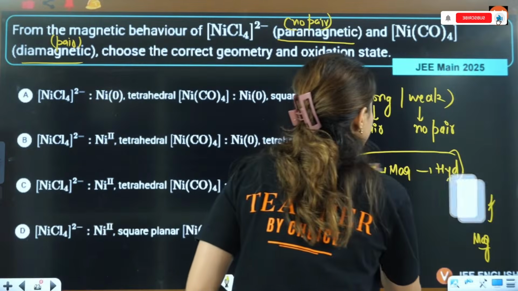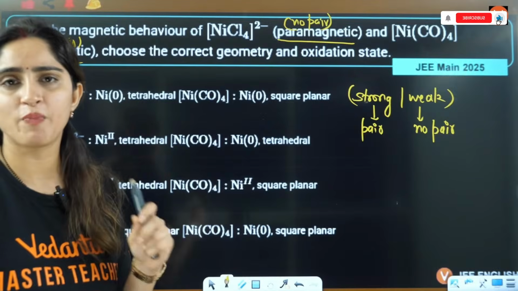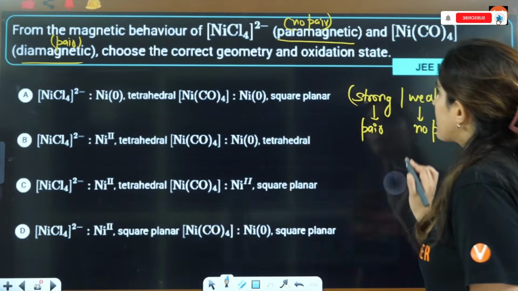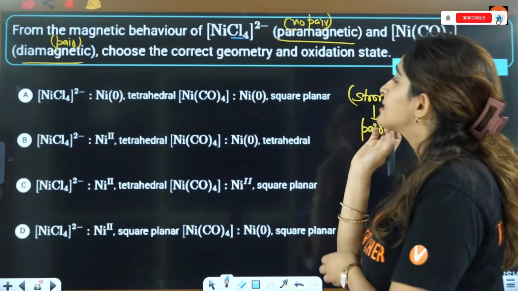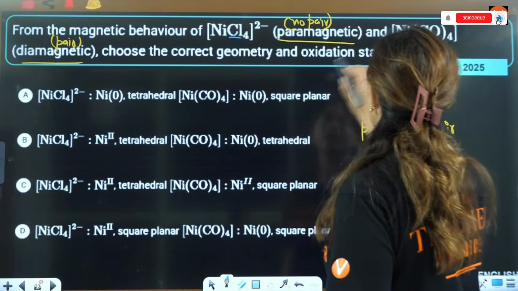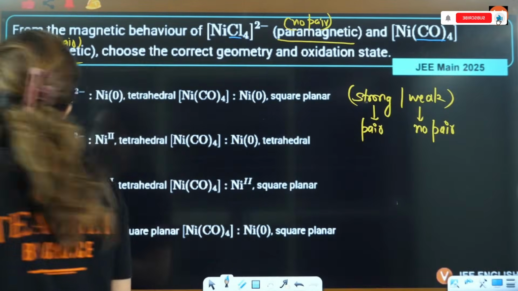Okay. So now, assuming that they have not given you whether it's para or di, because in most of the cases they will not give you, always remember that Cl, we will study the spectrochemical series, Cl is a weak field ligand, it will not cause any pairing, and carbonyl is a very strong field ligand, it will always cause pairing.